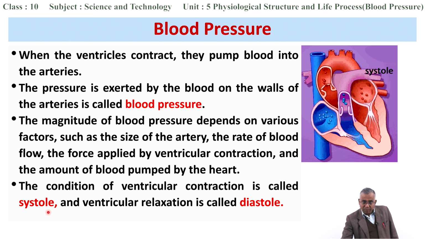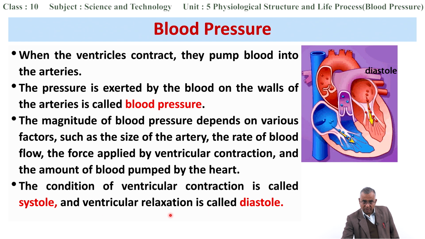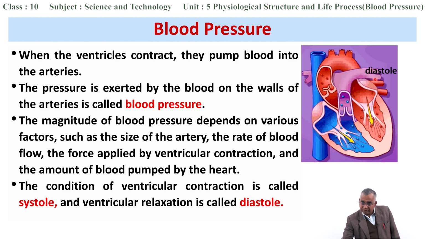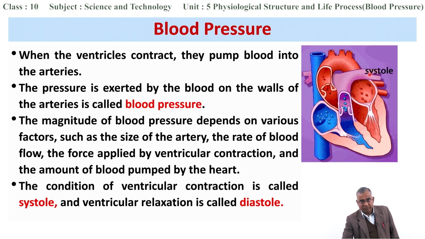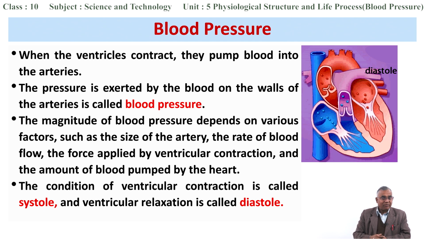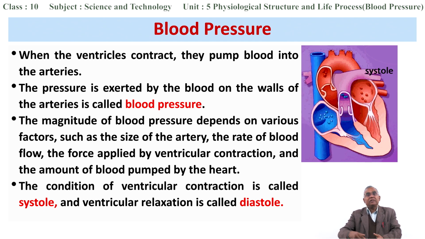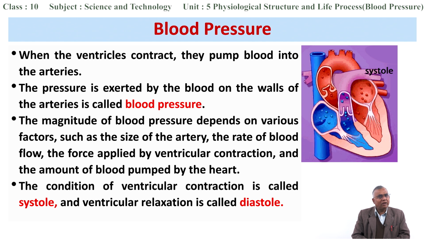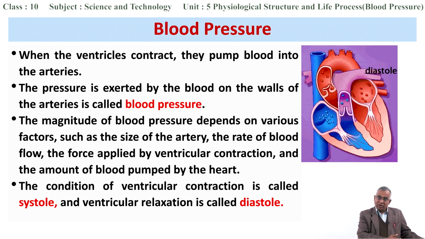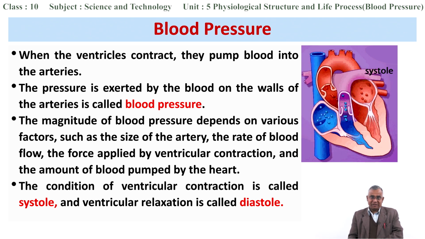So the maximum pressure given by blood on the wall during contraction of the ventricles is called systolic pressure. This condition is called systole. And here is the writing also, you can understand. When it relaxes, it is called diastole. So during systole, the pressure given by blood is called what? Systolic pressure. And during diastole, what pressure is given on the wall of the artery? That is called what? Diastolic pressure. So you have to keep in mind the relation of the words systole, systolic pressure, diastole, diastolic pressure.